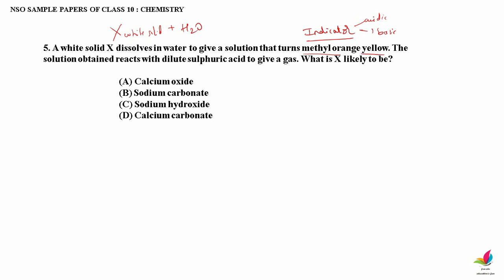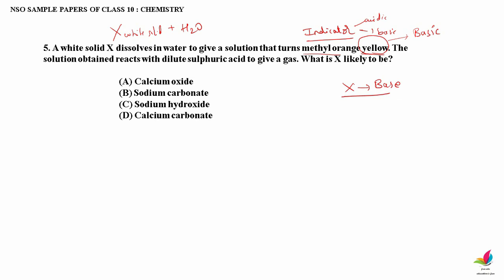Now what happens when you add methyl orange to the X solution? It will turn yellow. In which case does it turn yellow? In a basic solution, we know that, right? So methyl orange turns yellow in basic solution. That's why X should be a base. So from the first point we came to know that X must be a base.